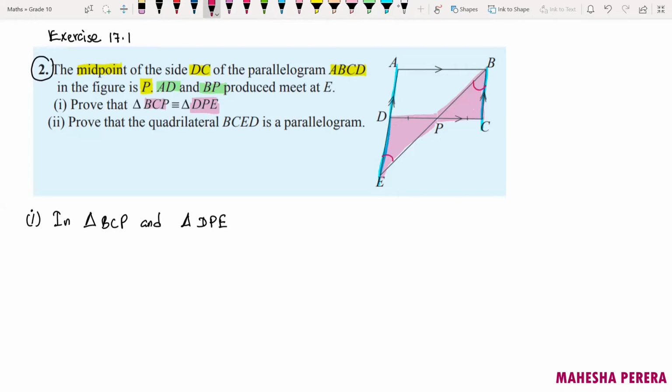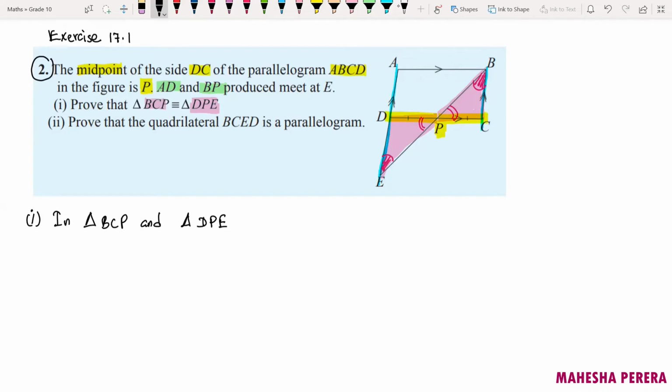And then, can you see these triangles are definitely equal? Why? Vertically opposite angles. These are actually alternate angles because of the parallel lines. And the other thing is, these two sides are equal because it's given in our question, right? So let's write.